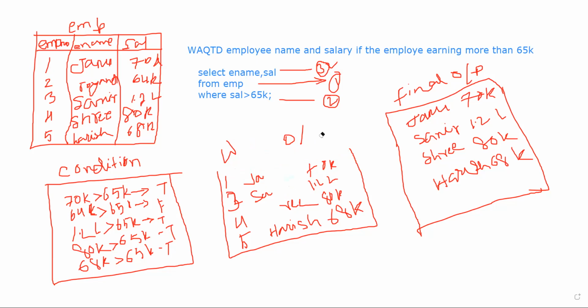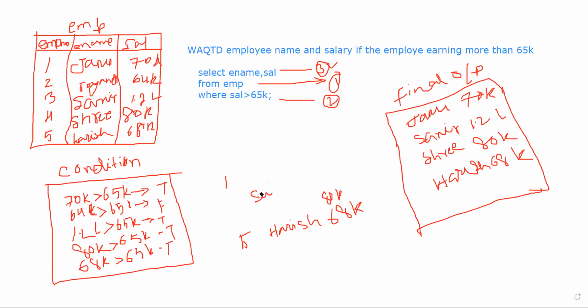Then I'm giving you one question. Write a query to display employee number and salary if the salary is less than 80K. Sir, can you repeat it?